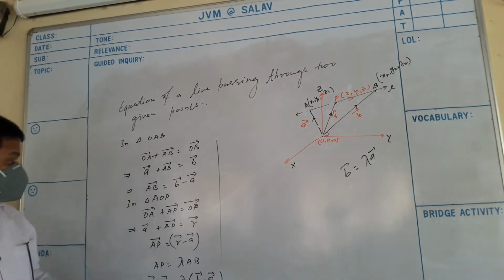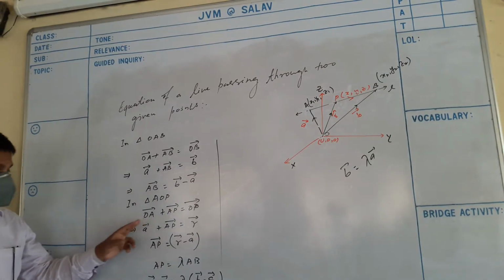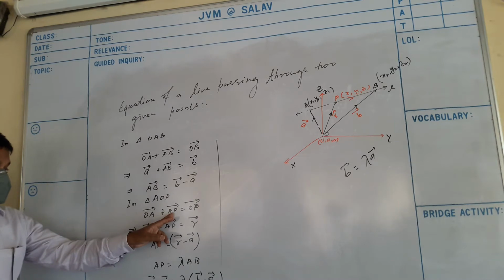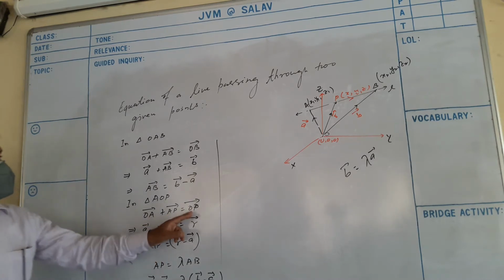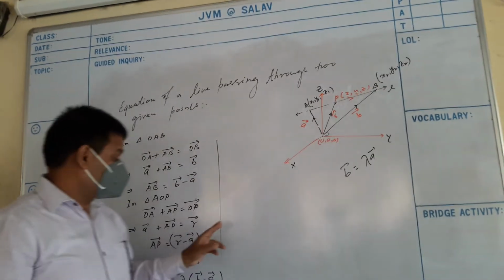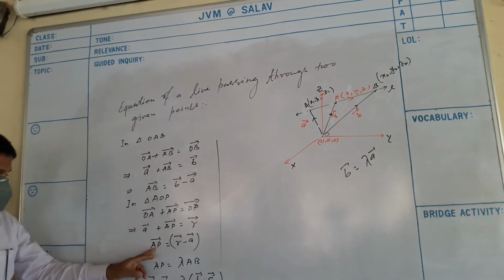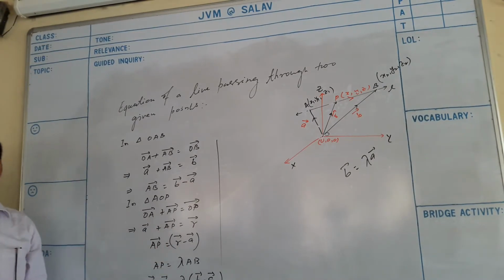The position vector OA is vector A and OP is vector R. So AP is equal to vector R minus A.